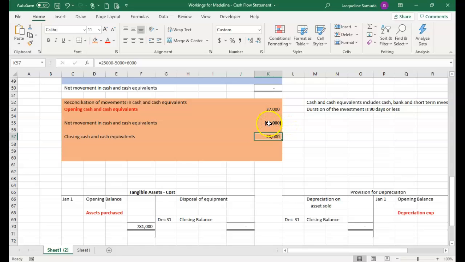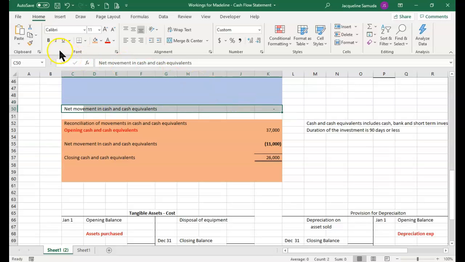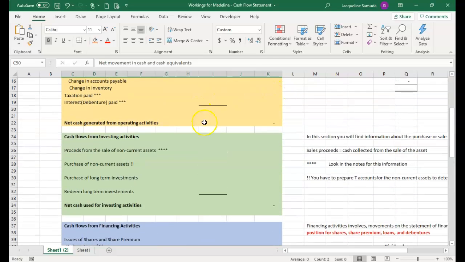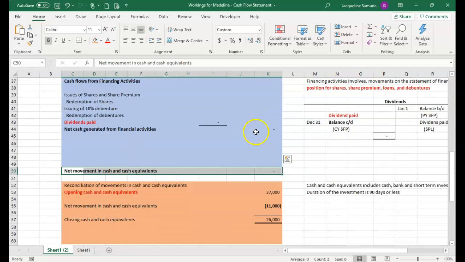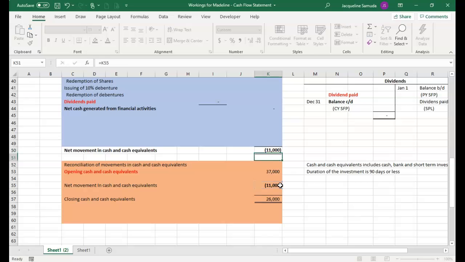So overall, they paid out more money than they collected. So it means that this row here, which will represent the sum of the three sections we discussed, this final row is going to be the same figure. That's what we expect, negative 11,000.